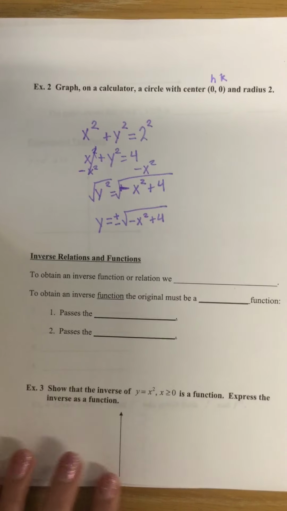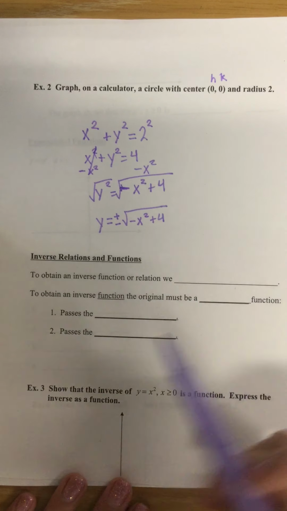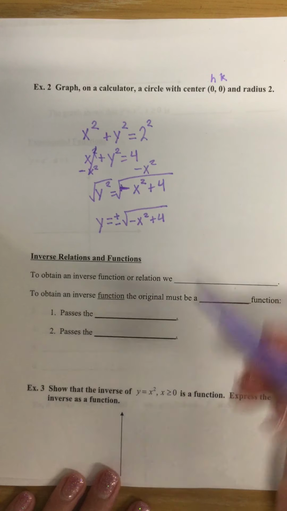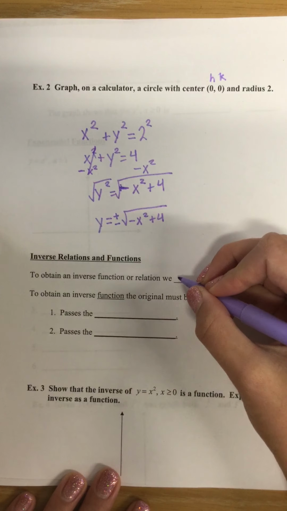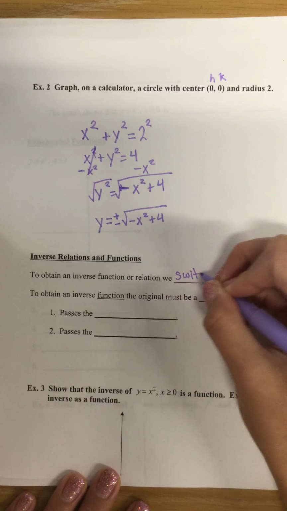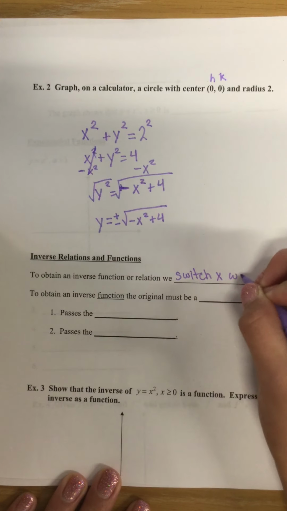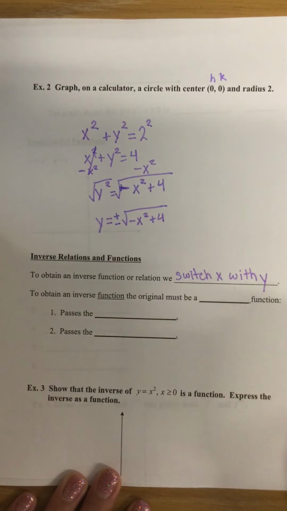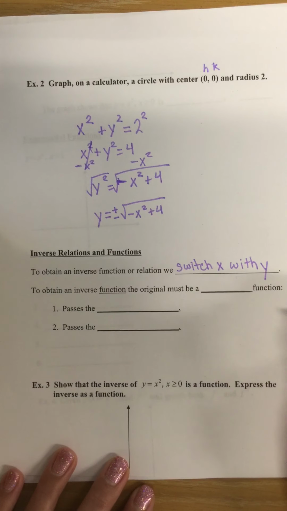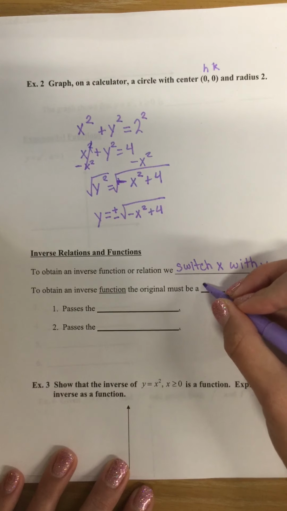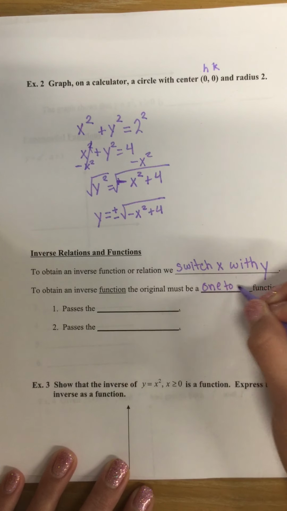Okay, the next thing that we're talking about is inverse relationships. So just a reminder, to obtain an inverse function or relation, we interchange x with y. So we switch x with y. So to obtain an inverse function, the original must be a 1-to-1 function, 1 x for every 1 y.